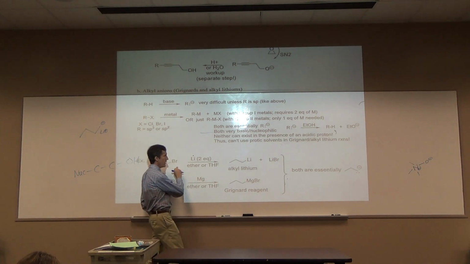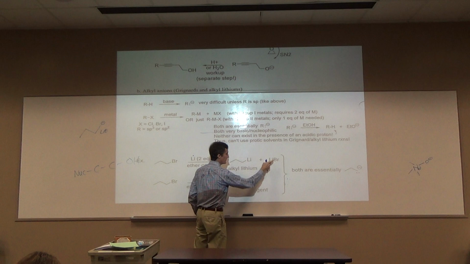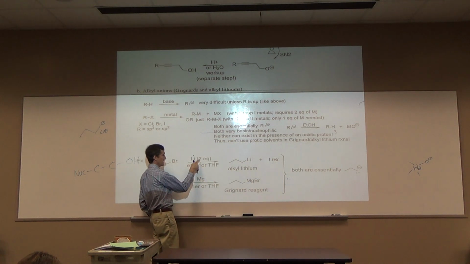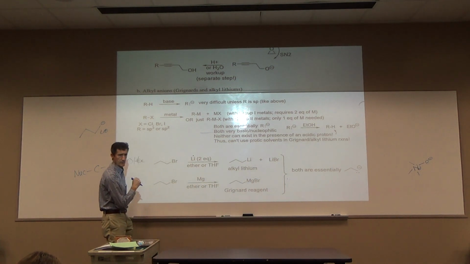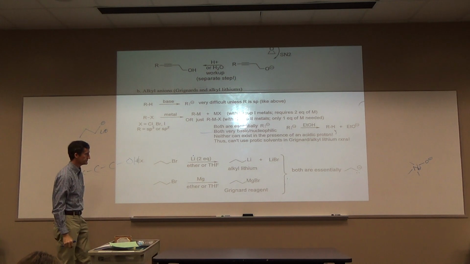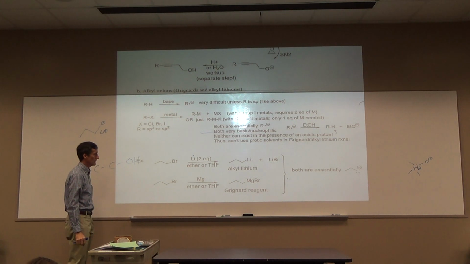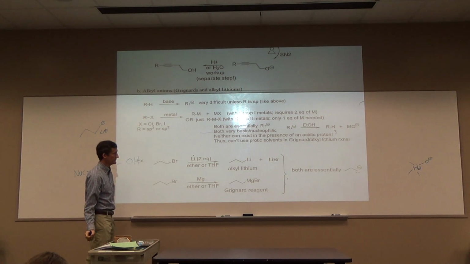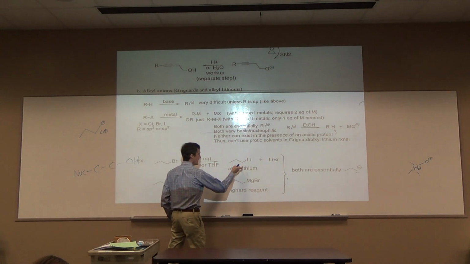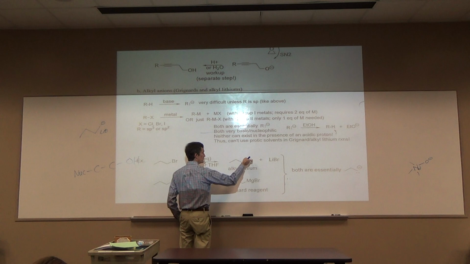The fate of the Br is Br minus and lithium bromide, so this actually takes 2 equivalents of lithium metal if you want to balance that. This is actually a redox reaction. Now I'm showing this covalent; often they're shown covalent.